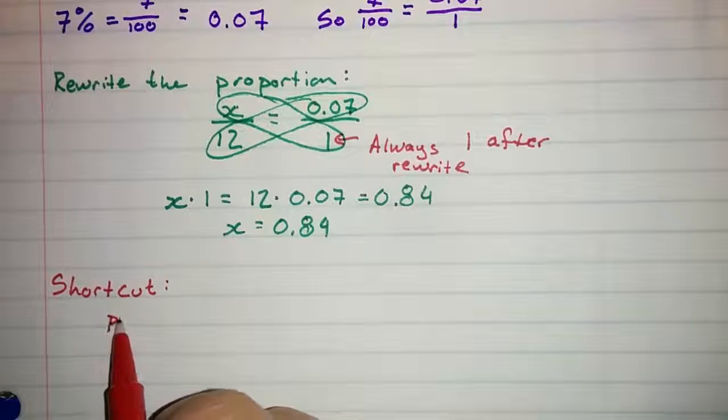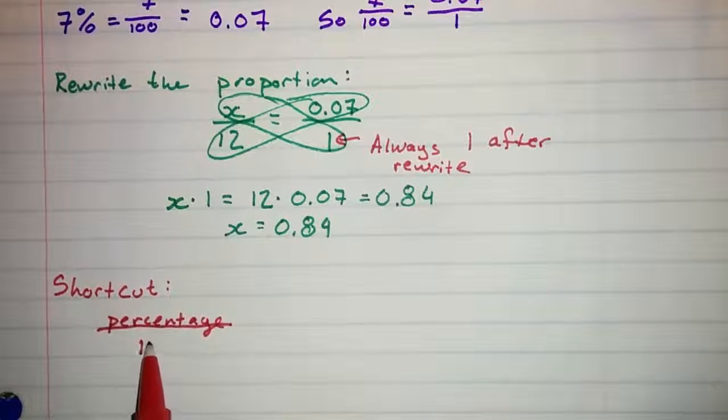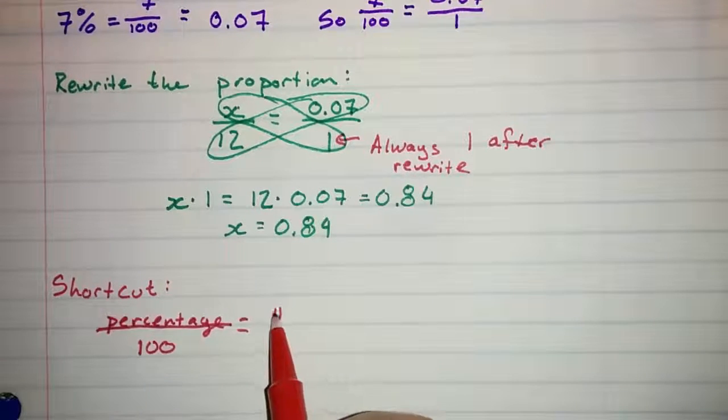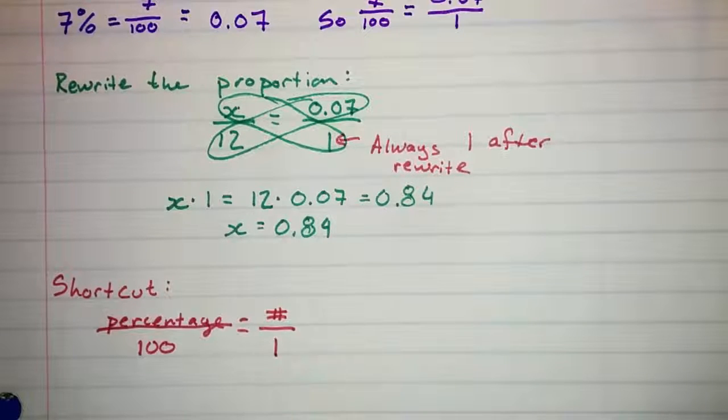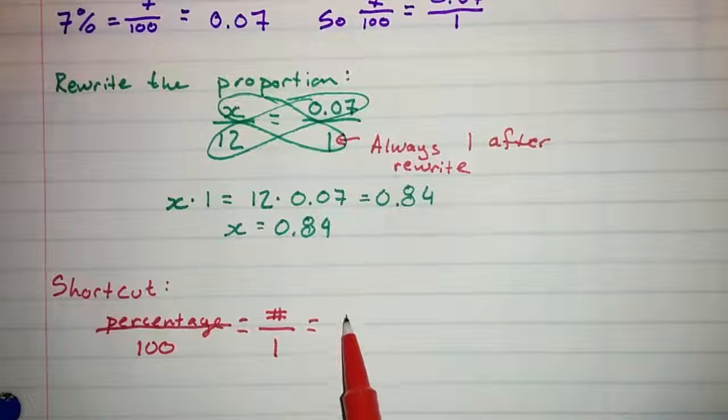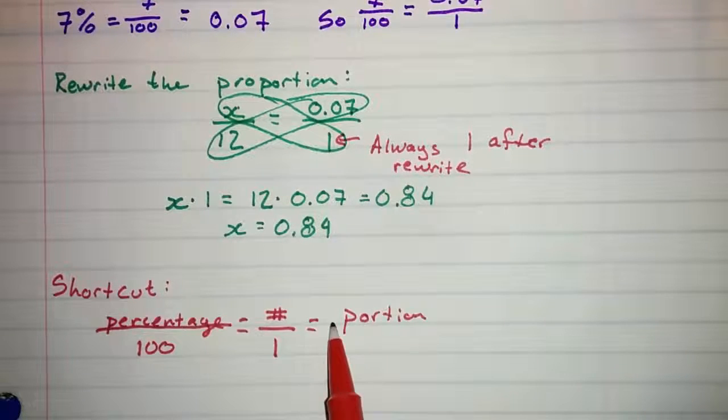But this presents us with a shortcut. We know that percentage over 100 can be rewritten as some number over 1, and that's still equal to portion over base.